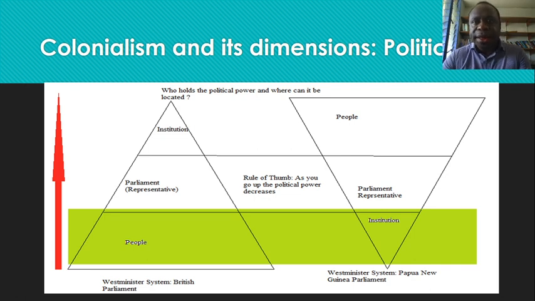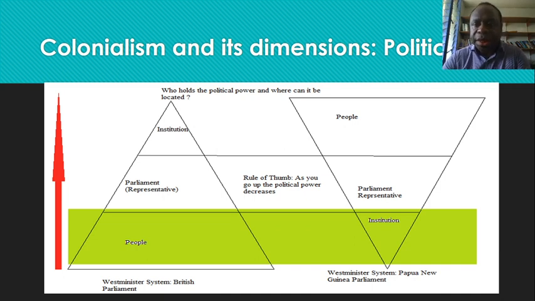So it's common in Papua New Guinea that when a member of parliament or a top bureaucrat is alleged to have been implicated in corruption, normally what would happen in other developed representative democracies, let's say in Britain, is that the public figure would resign from office and let due process take place.